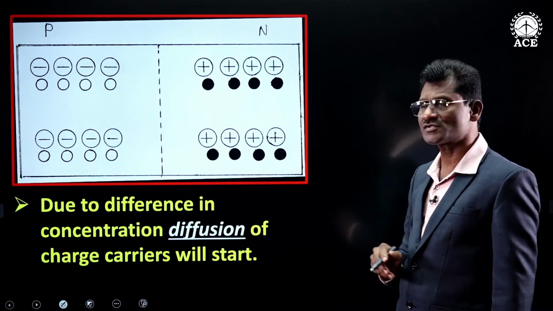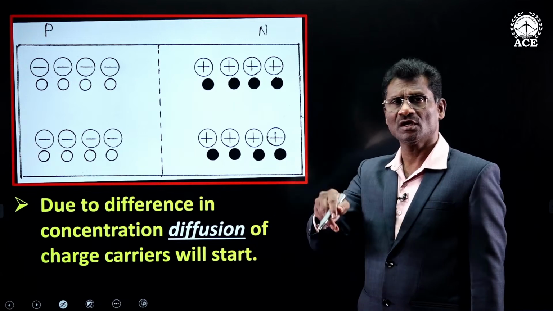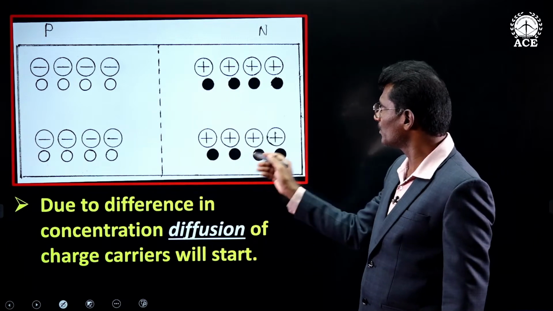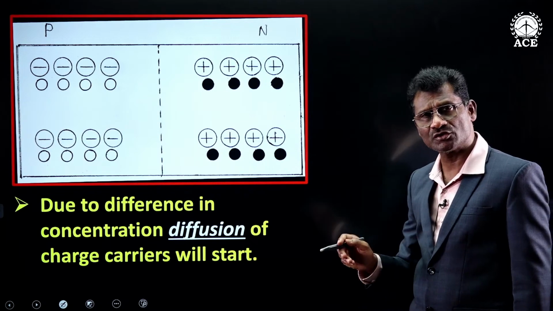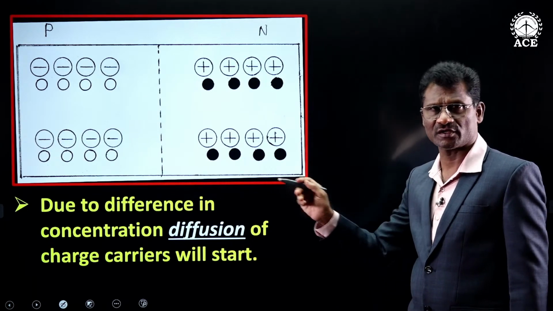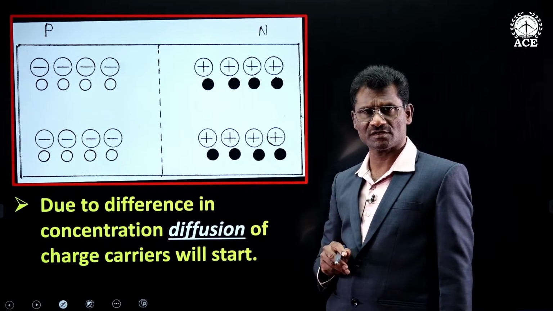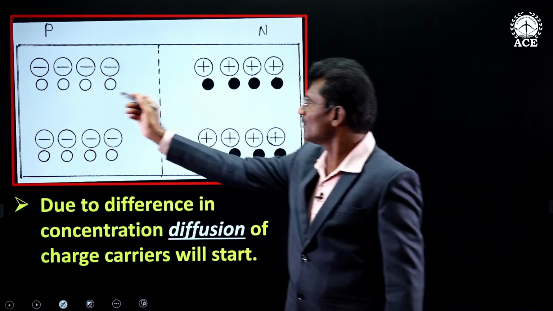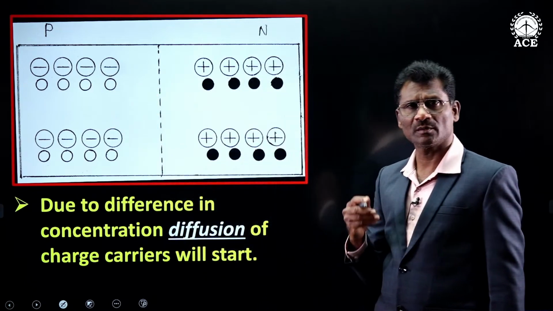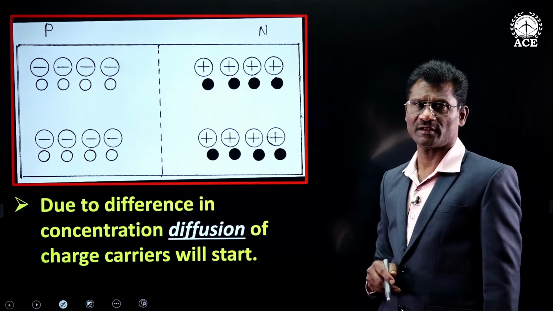Because electrons are generated due to EHP generation and also given by impurity atoms, whereas holes are generated only due to electron hole pair generation. So in N side, electrons are majority carriers, holes are minority carriers. In P side, holes are majority carriers, electrons are minority carriers.